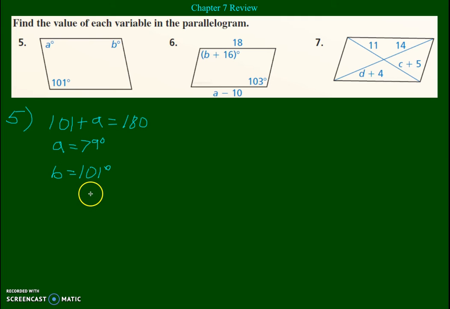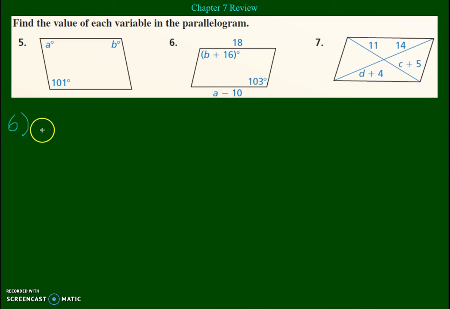Okay, now on to problem 6. Okay, in this parallelogram we have this side and this side are opposite sides, so opposite sides are congruent just as opposite angles are. So this equals this. So in number 6 we have A minus 10 equals 18.